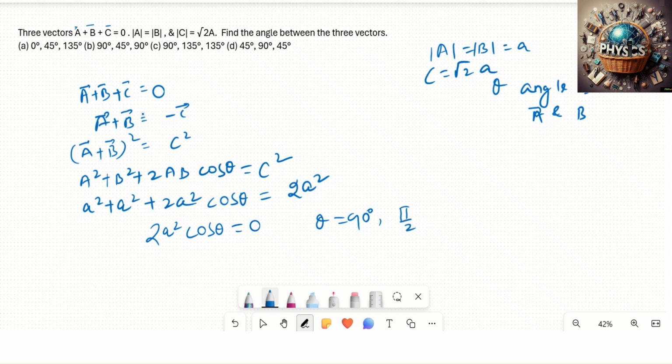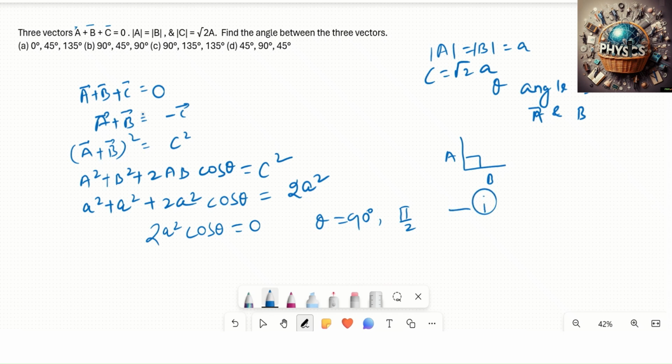So this is the angle between A and B, which is 90 degrees. Now we found one thing, so this is fine.